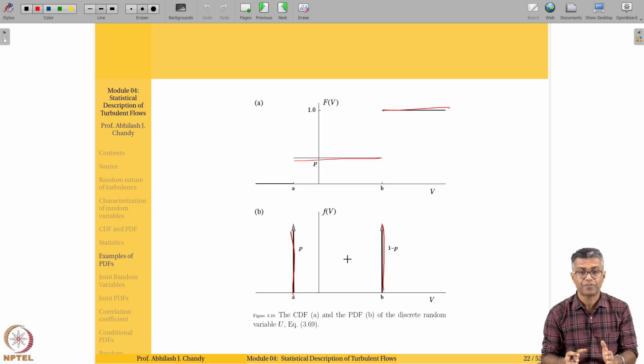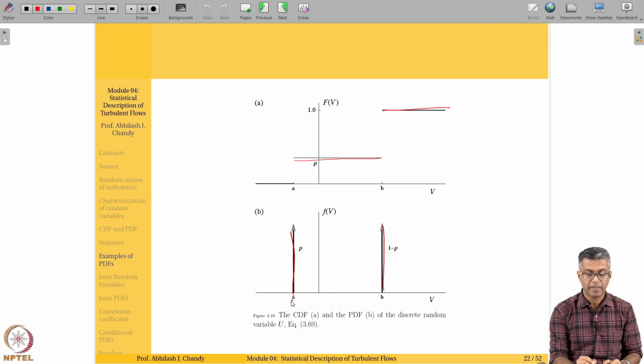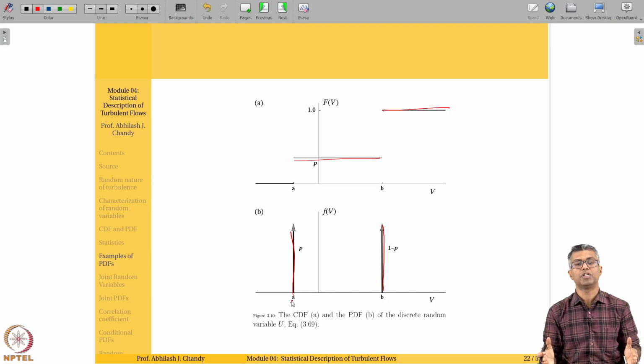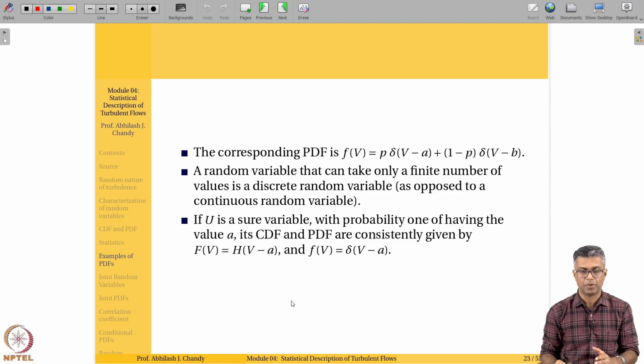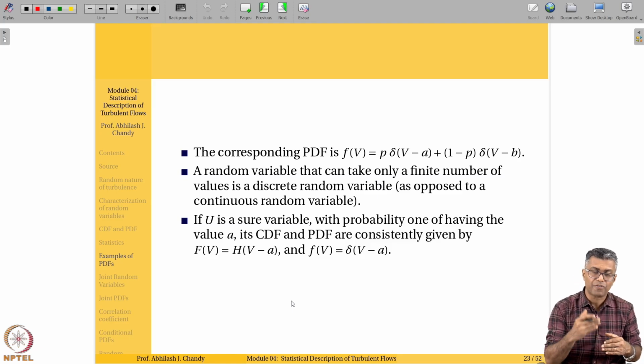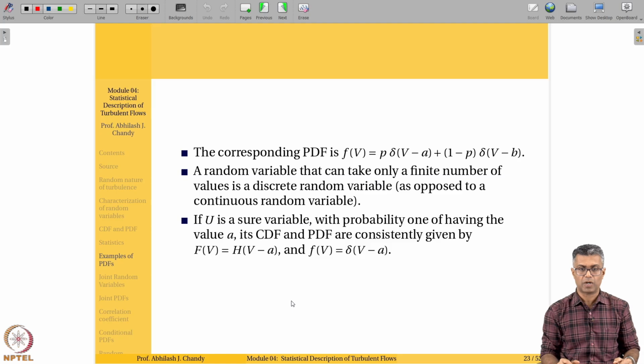So the PDF would be a delta function. At a, it has a probability of p, and at b, it has a probability of 1 minus p. And these are the only two values it can take. So this is a discrete random variable. What we have learned is that we took several different examples: a uniform random variable, a gamma distribution, a log normal distribution, a Gaussian distribution, and finally a discrete random variable, and saw what the different CDFs and PDFs look like.